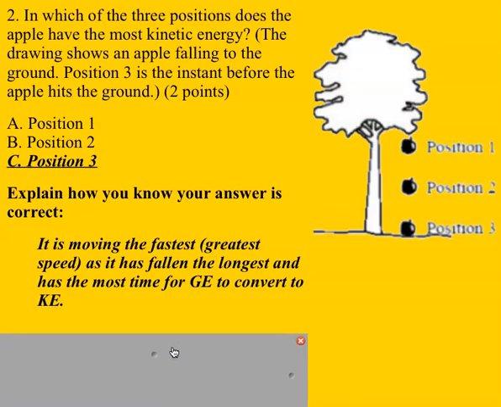Yes, it's fallen the longest and has the most time for GE to convert to KE, but if you did not say it's moving the fastest or it had the greatest speed, you are not getting credit for this. We've talked about this. In fact, a question very similar to this was on the last test that we had. So it's not a new question. Plus, this part up here, you saw word for word in the review video if you watched the review video.